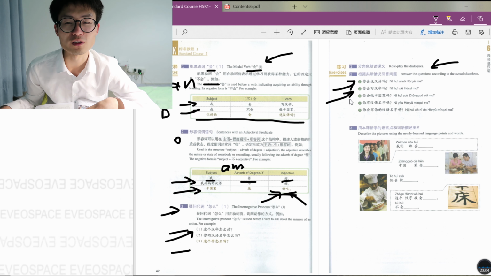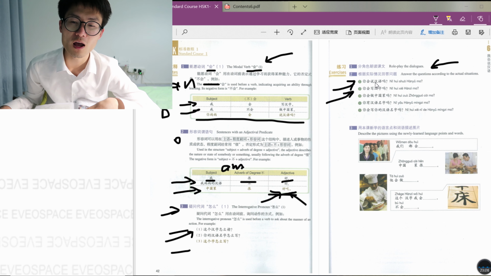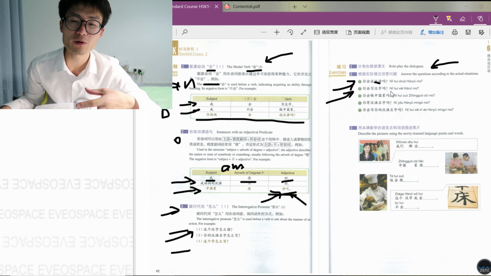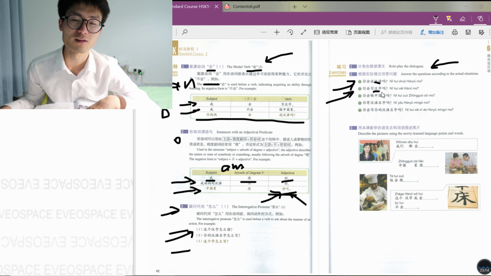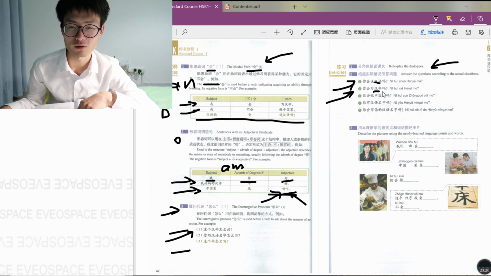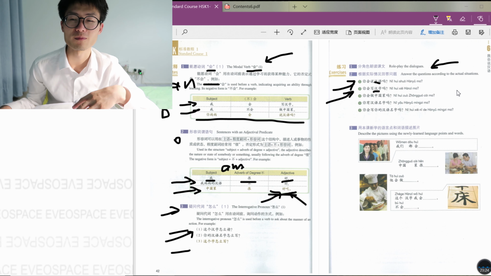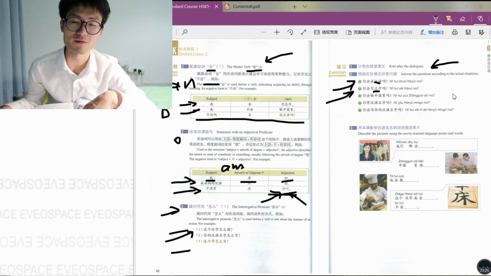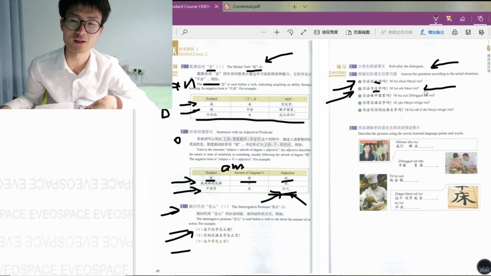你会写汉字吗? So 汉语 means the language, and 汉字 means the writing form, the characters of the language. Most of the time, I would think that you can't write Chinese characters.